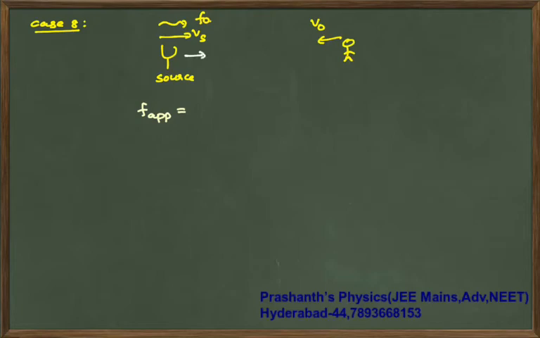So what will happen in this case? Sound travels this way. So it is V plus V naught by V minus Vs into F naught. So far I have discussed all the basic cases and hope you have understood all this.